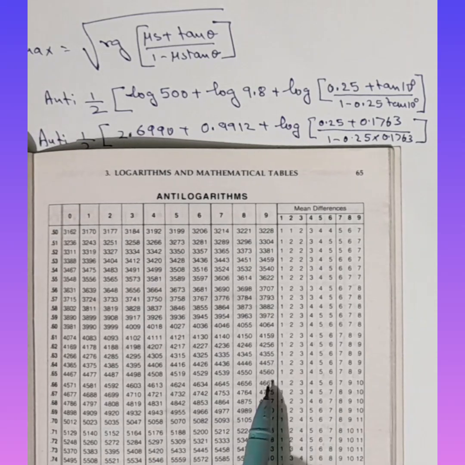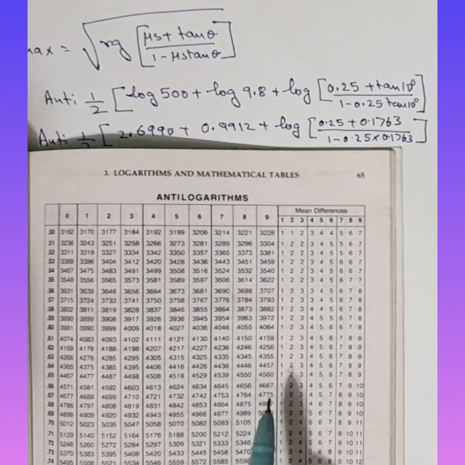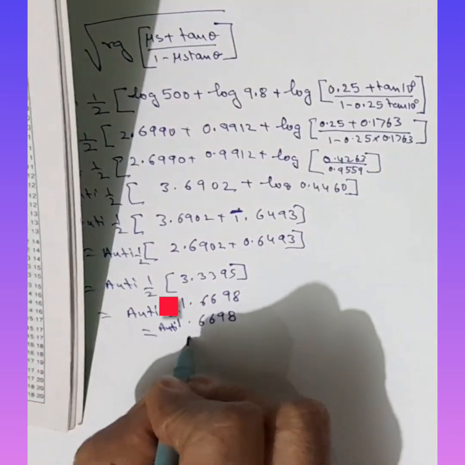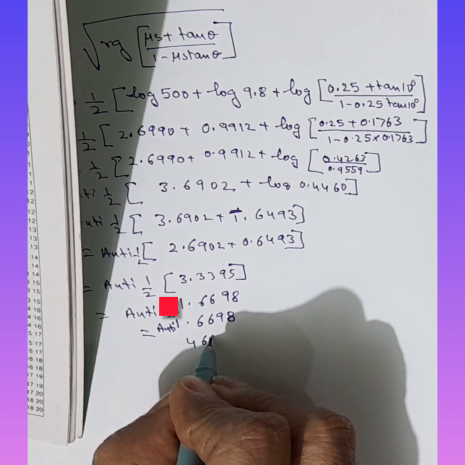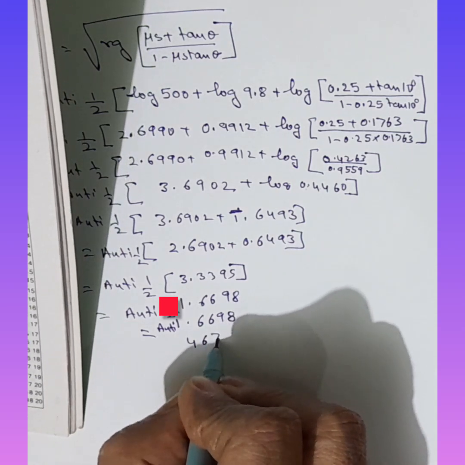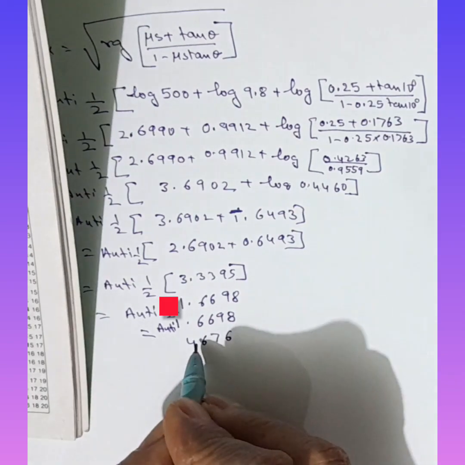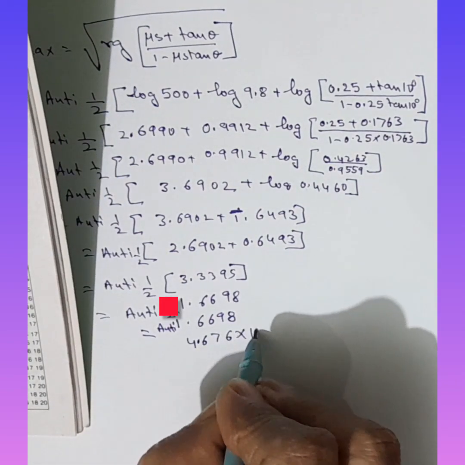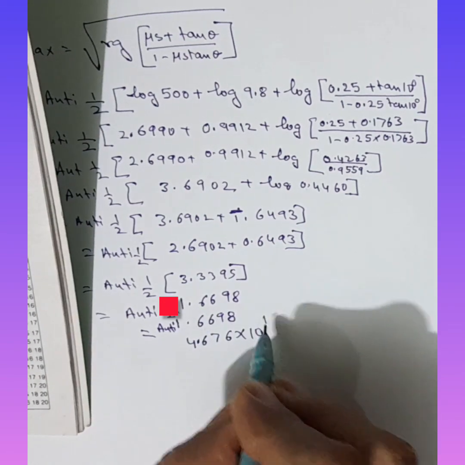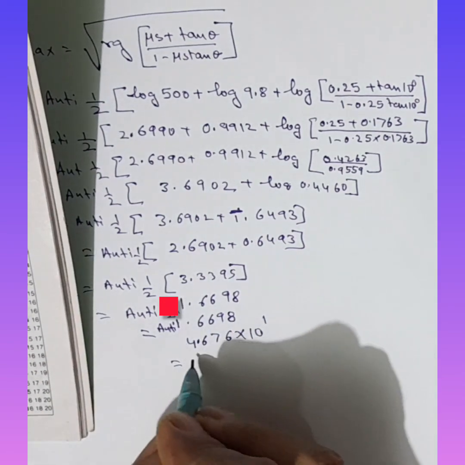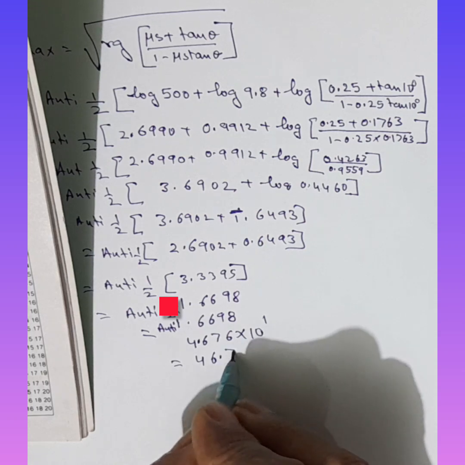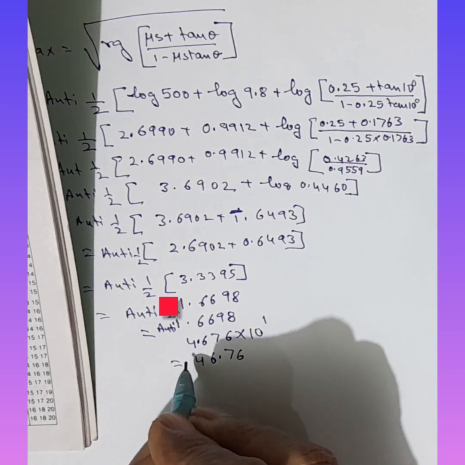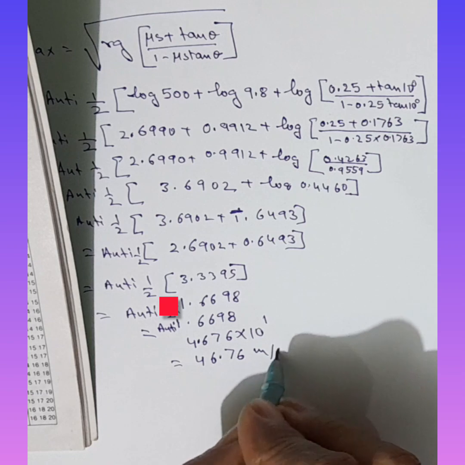That comes to 4676, and as per my rule I told you to blindly put the point over here and then whatever is the value over here, put it here. So your answer becomes 46.76. This is your answer, and it is in meters per second.